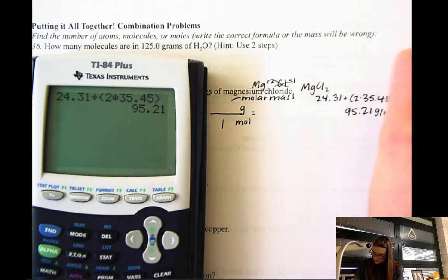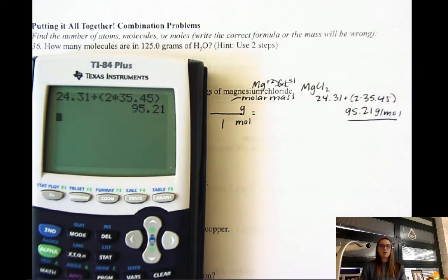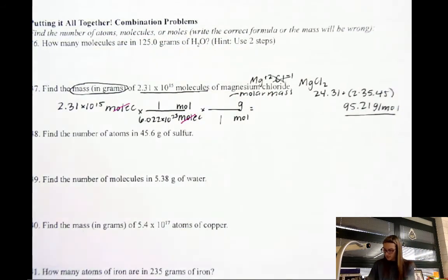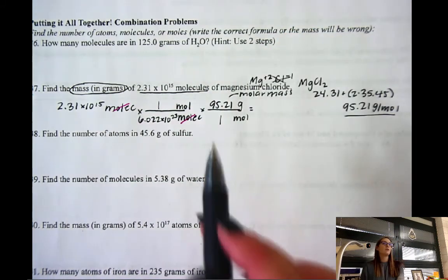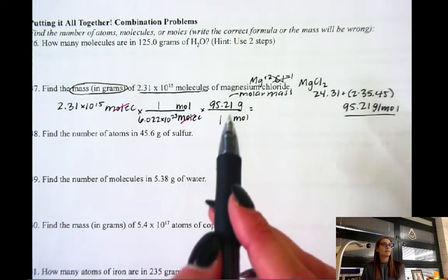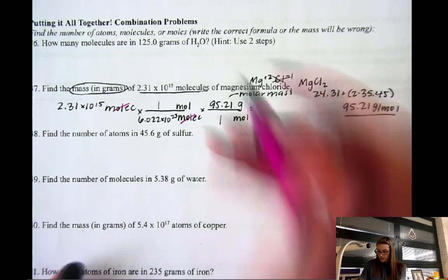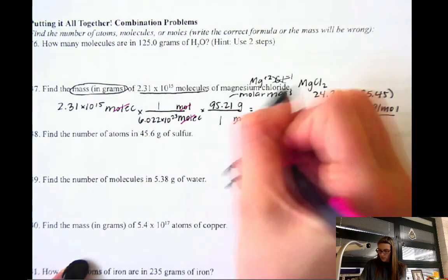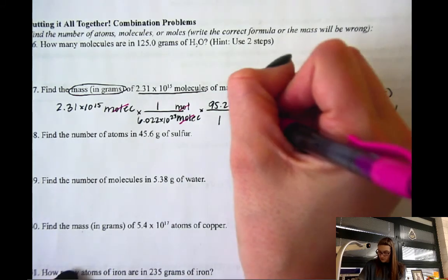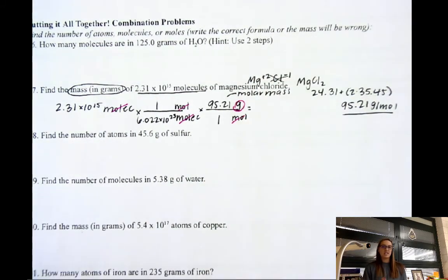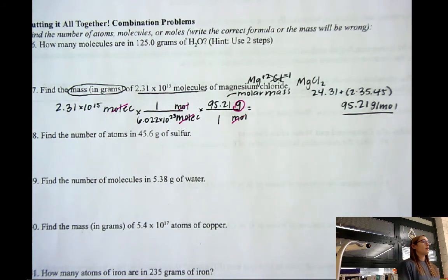So the molar mass of magnesium chloride is 95.21. Notice how I wrote grams per mole. That means it's 95.21 grams for every 1 mole. Now if we look at units here, moles is on the top, moles is on the bottom, that cancels. The only unit that I'm left with that hasn't canceled out is grams, and that's what I want.